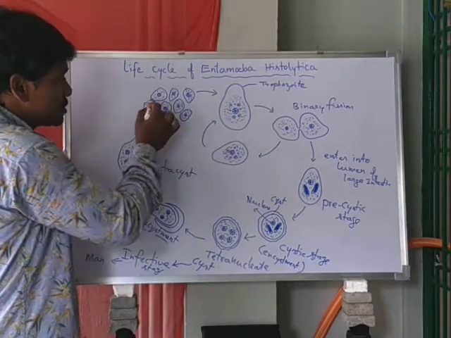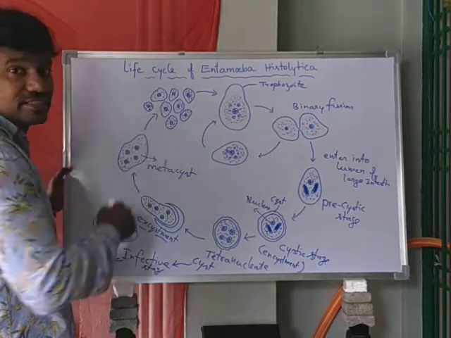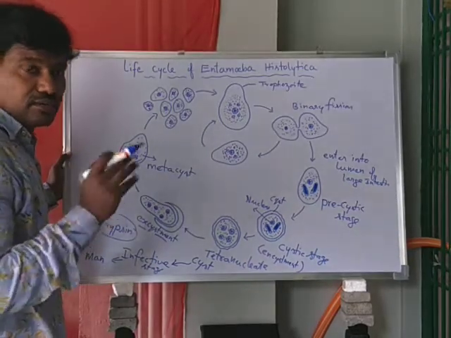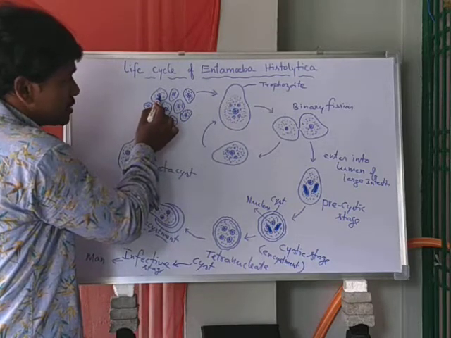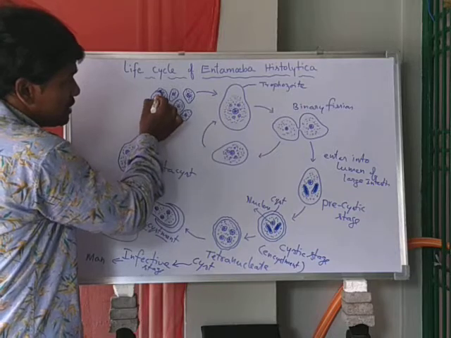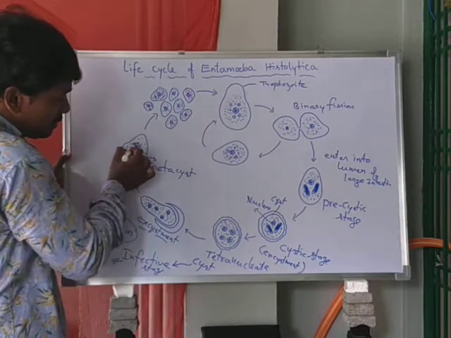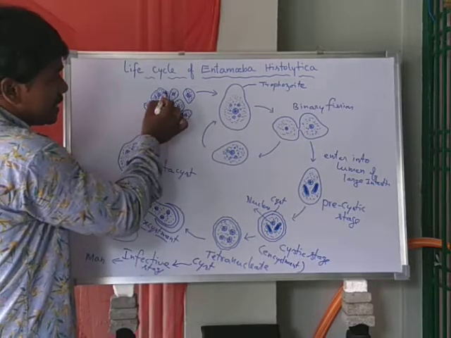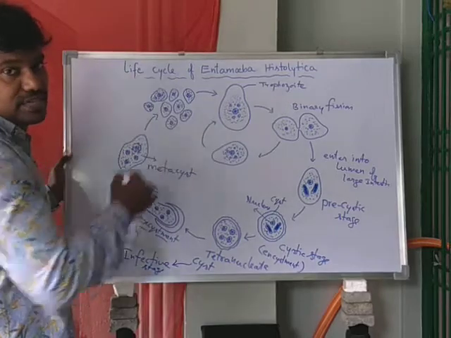As a result, 8 daughter nuclei are formed. Each one undergoes one mitotic division, so 4 nuclei give 8 daughter nuclei. Each daughter nucleus encloses a bit of cytoplasm, and this forms a daughter individual. So 8 daughter individuals are formed like this.